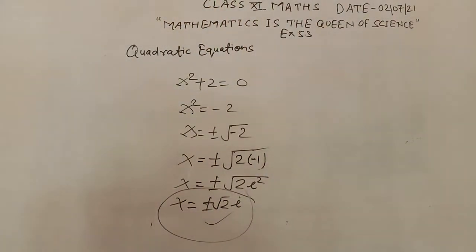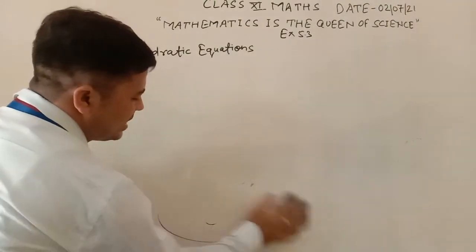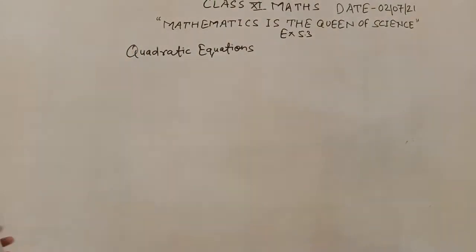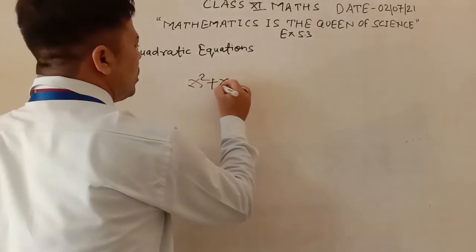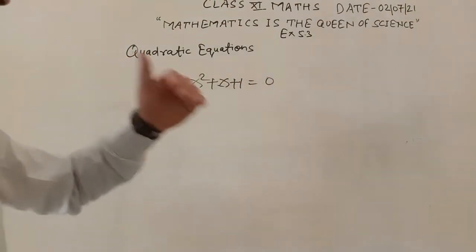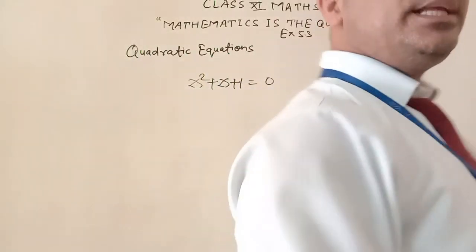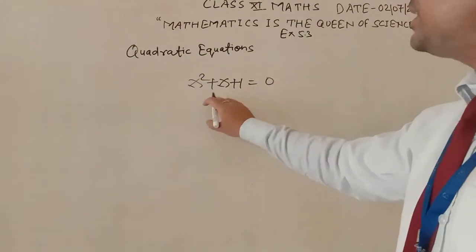Another type of question is asked in the exercise. Whenever you have a question like that one, firstly we need to find out which type of discriminant is given here.